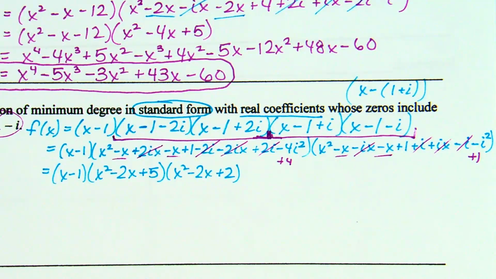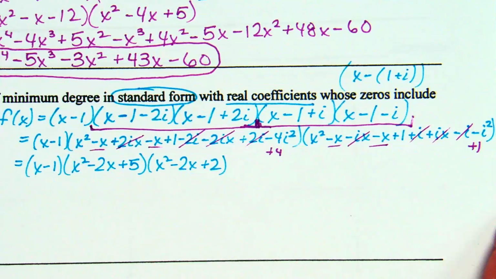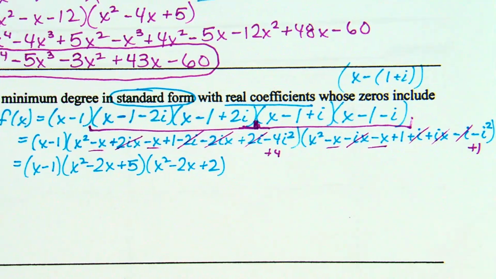Not factor, but FOIL, distribute, multiply. Okay, your choice at this point. I'm done with conjugates. I'm done with my imaginaries. We're all talking real coefficients here. Your choice as to what you multiply next. Okay?